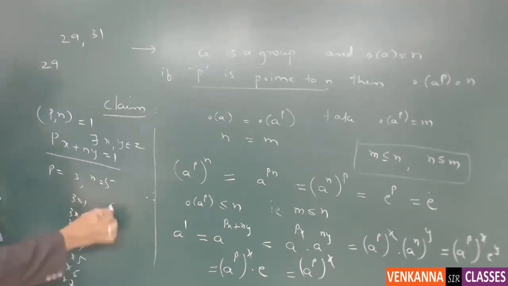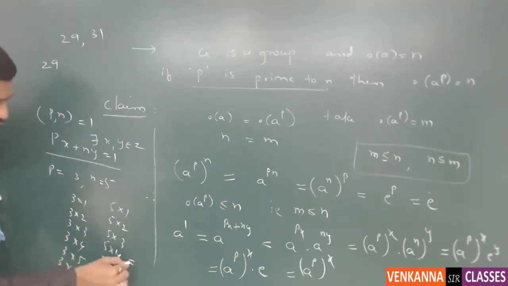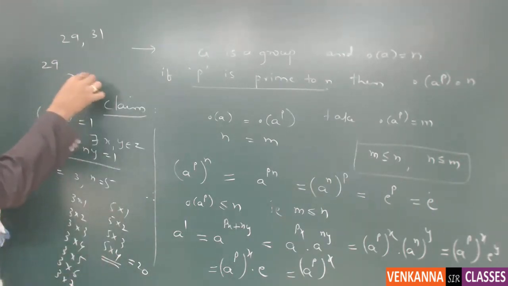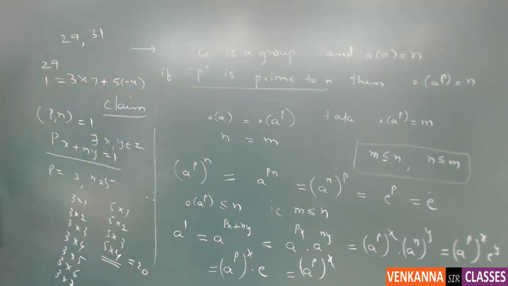And for 5, 5 into 1, 5 into 2, 5 into 3, 5 into 4. So this gives 20, this gives 21. So what happened? You can say 3 into 7 plus 5 into minus 4, so that you will get 1. Agree?